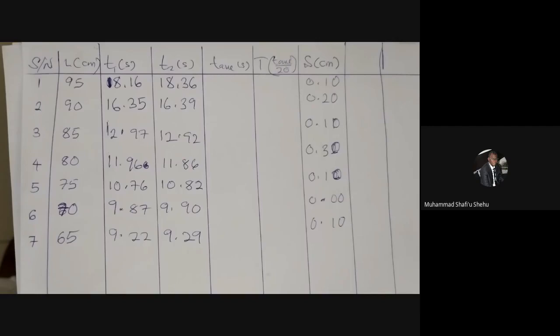We have to make sure that we attach our horizontal meter rule at 95. Then we allow 95 down to 0 to swing, right? So before allowing it to swing, we have to record the length that coincides with our vertical meter rule.